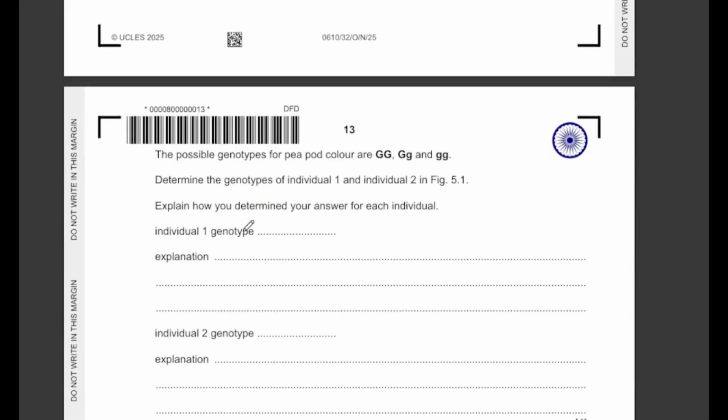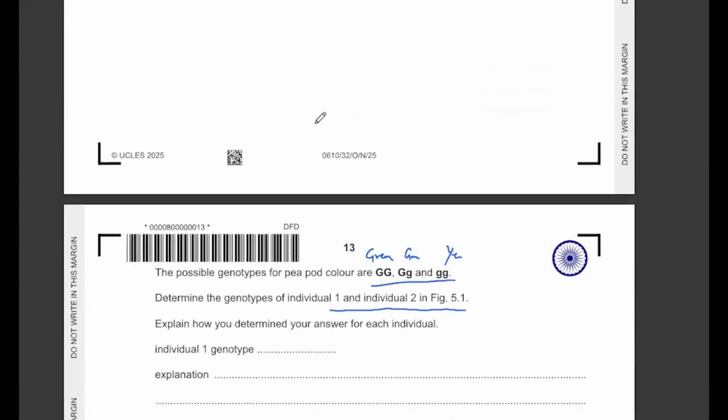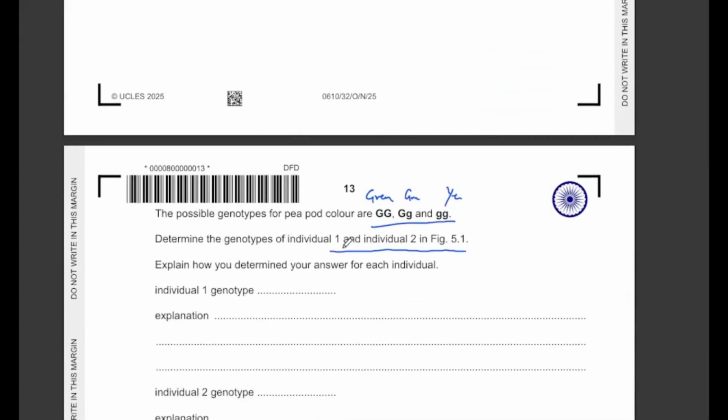Question: the possible genotypes for pea pod color are, okay, we got this one. Dominant means it's a green one, this is also green, and this is yellow. Determine the genotype of individuals 1 and 2 in figure 5.1.